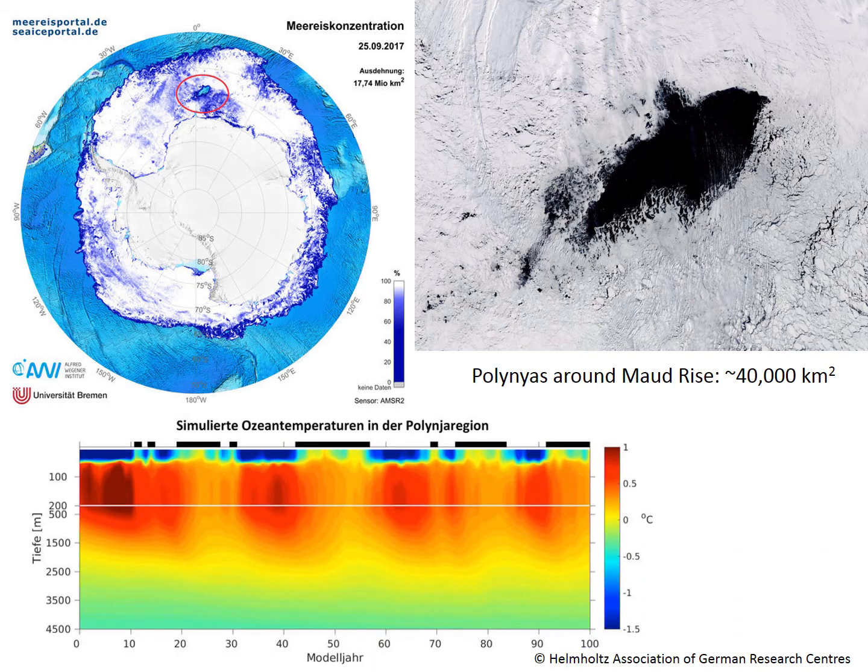And furthermore, we looked into the simulation, and I apologize for the German figure, which is here. Basically, this is a simulation of ocean temperature in the Maud Rise region. We can see here that in model years when we had high water temperatures, that's where we had polynyas, which are black.